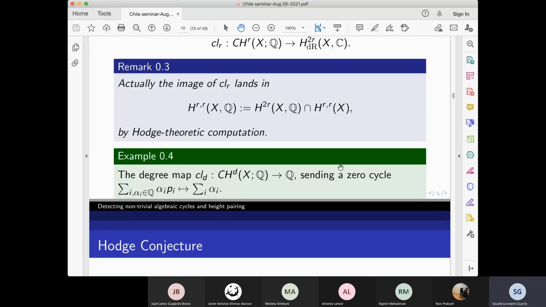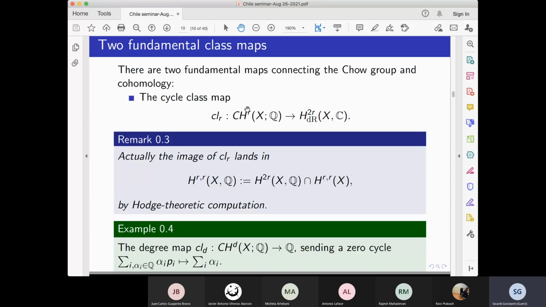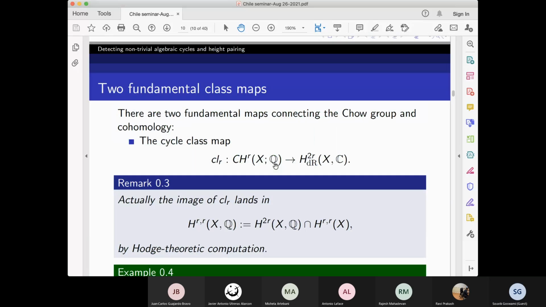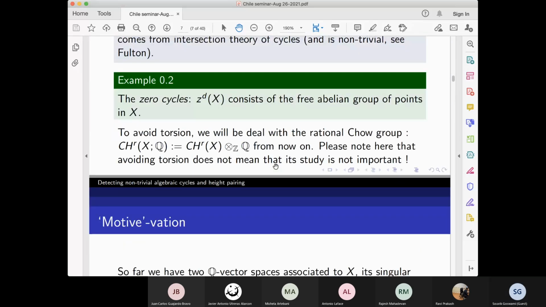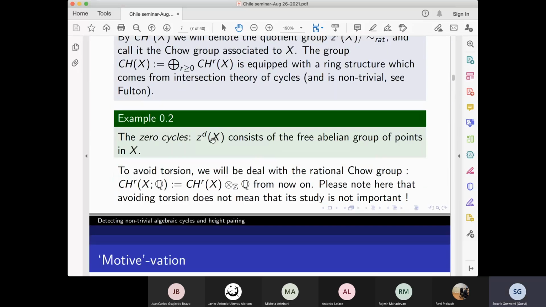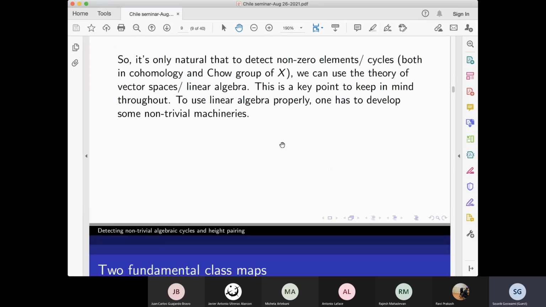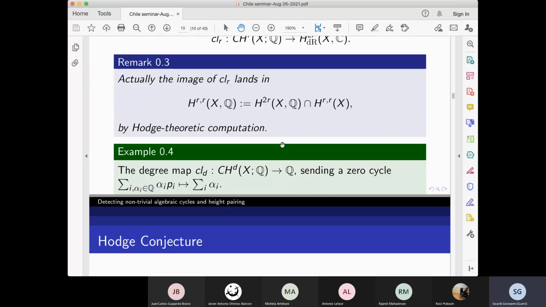As a typical example of the cycle class map, you can take the following. You have the Chow group of zero cycles, right? The Chow group of zero cycles consists of points, sums of points. This is the definition of zero cycles. Again, you quotient out by rational equivalence to get the Chow group of zero cycles.